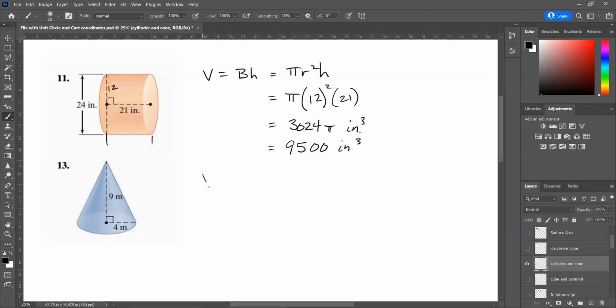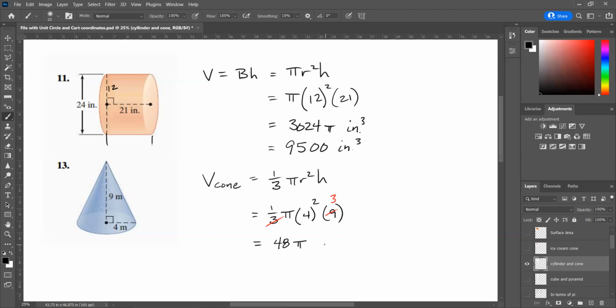Cone is just the same way as the pyramid was to the rectangular solid. We're going to take a third the area of the base times the height. So 1/3 pi times the radius, which they've given us is 4, times the height, which they've given us is 9. Again, a little trick here. 3 goes into 9 3 times. 4 squared is 16, and 16 times 3 is 48.